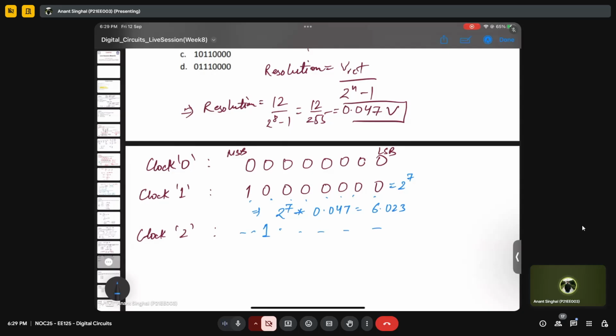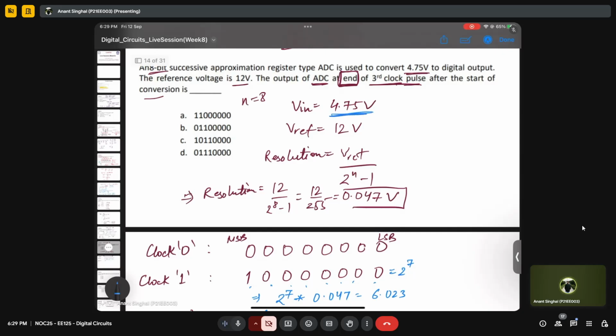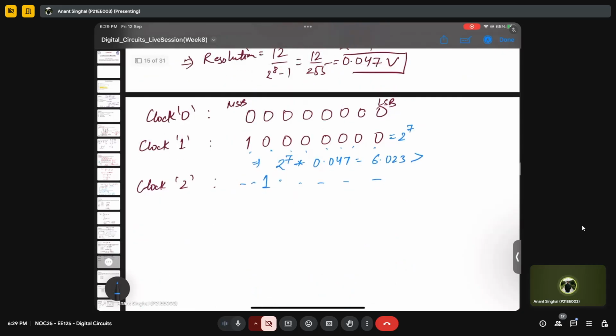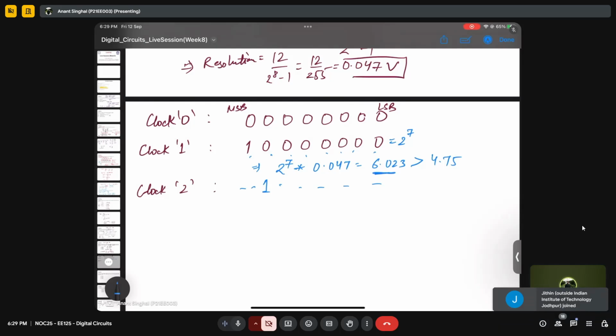Since we already know that the input of this ADC is 4.75, the comparison will either be greater than or less than. If the computed voltage V is greater than Vin, then we discard the 1.